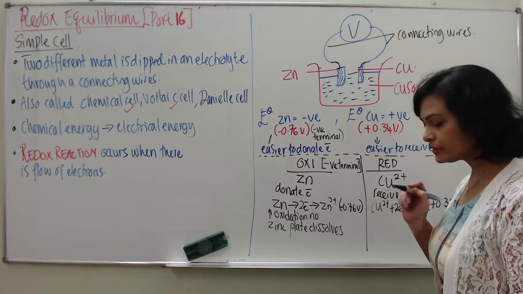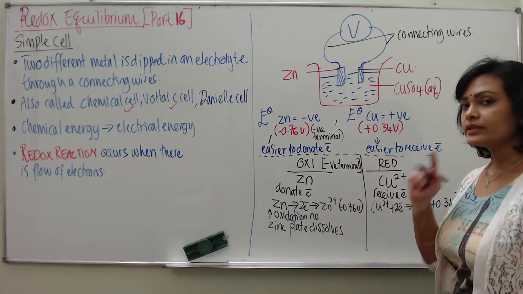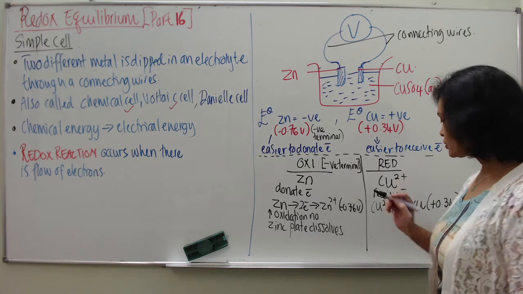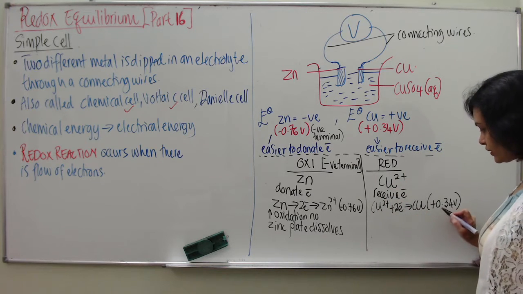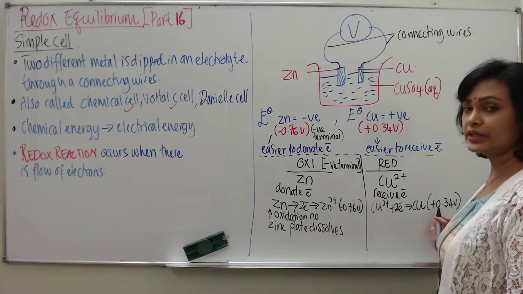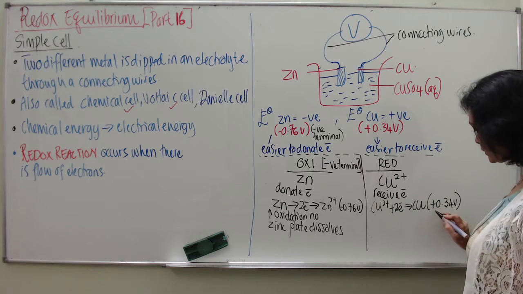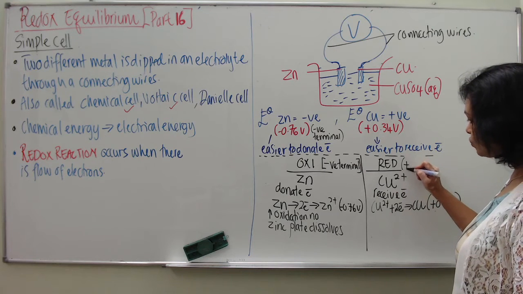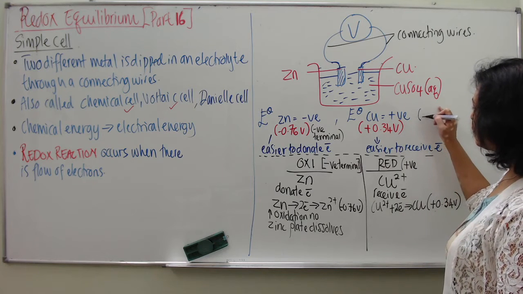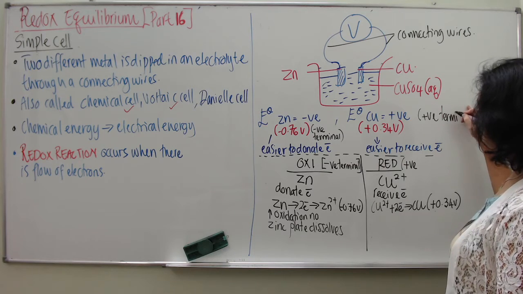So please remember that in part 15 video we have discussed that the electrode standard potential, which gives a positive value, is a strong oxidizing agent which goes through reduction. So since it's positive, that's the reason why we can say that copper becomes the positive terminal.